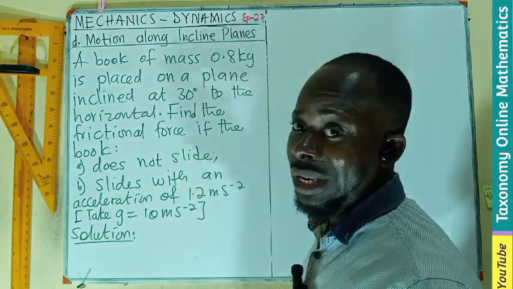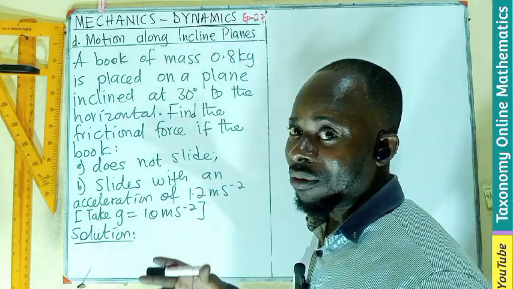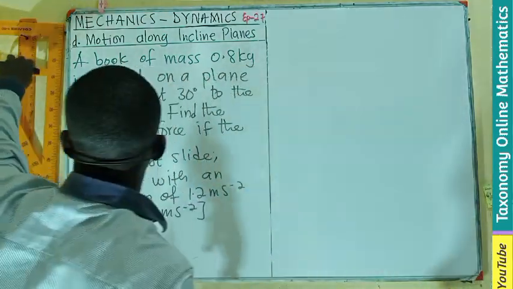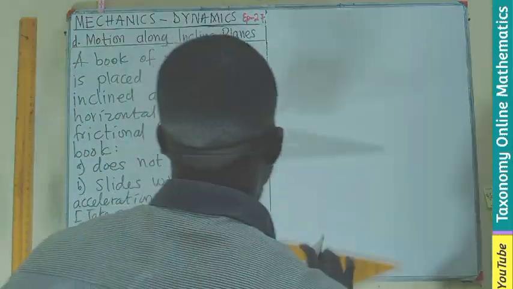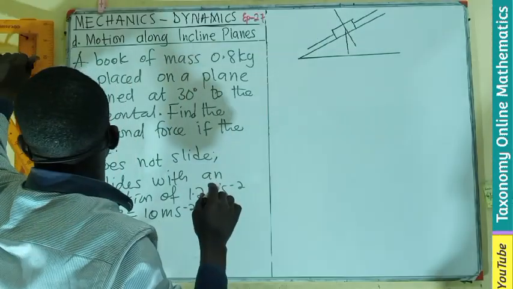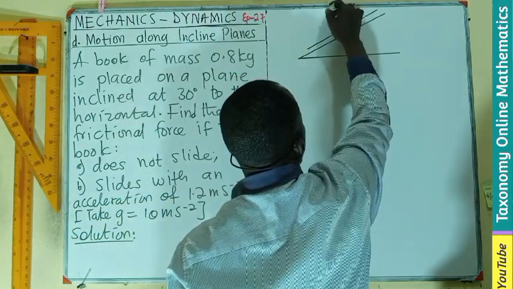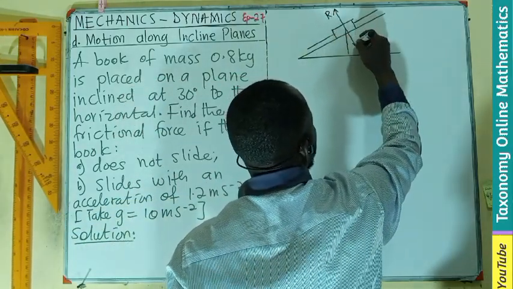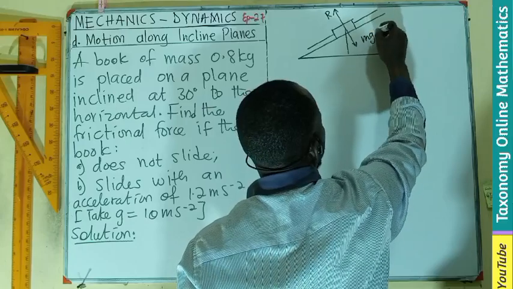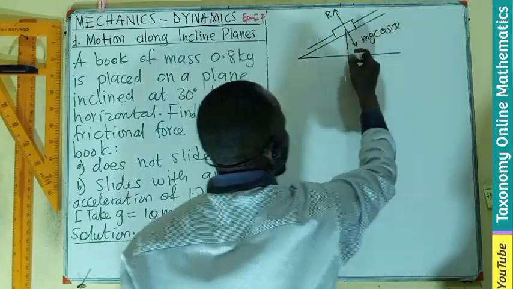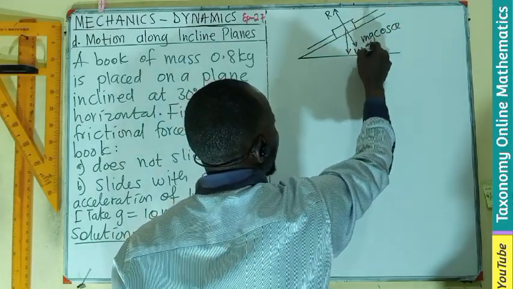First of all, we need to make a sketch of the inclined plane and the position of the body. This shows the body. This is the normal reaction. This is moving down as mg cos theta. This is the weight of the body.